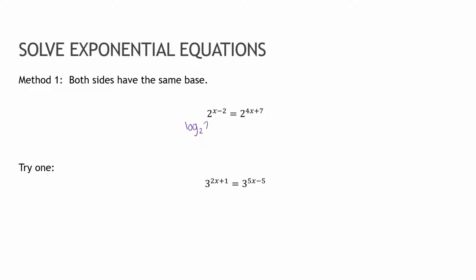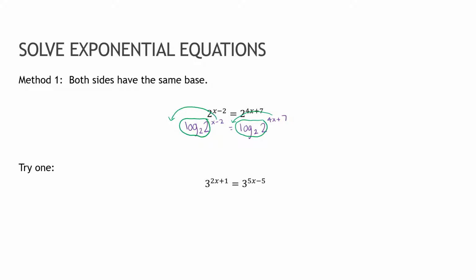If I take the log base 2 of 2 to the x minus 2, and the log base 2 of 2 to the 4x plus 7, remember that property that says log base 2 of 2 is essentially 1, and I'm popping the exponent to the front.